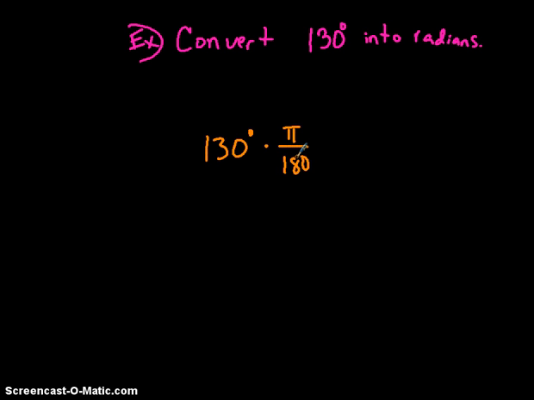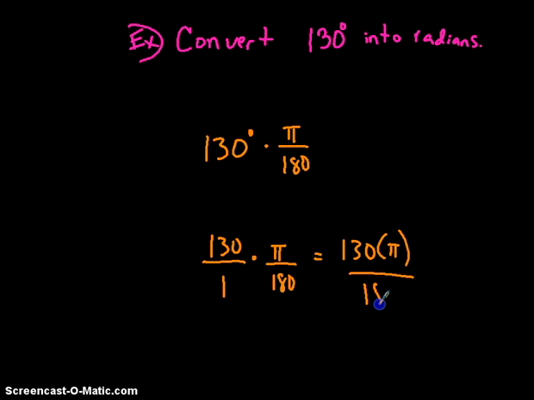If I got a number times a fraction, I typically make that number a fraction. So I'm taking 130 to make it into a fraction, and I multiply that by pi divided by 180. When I multiply that, what I get is 130 times pi, divided by 180.